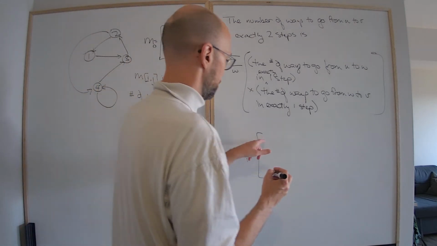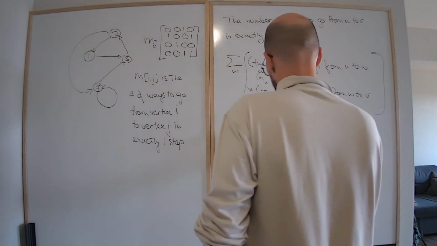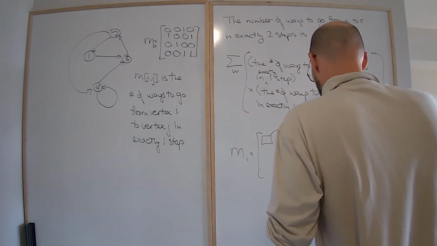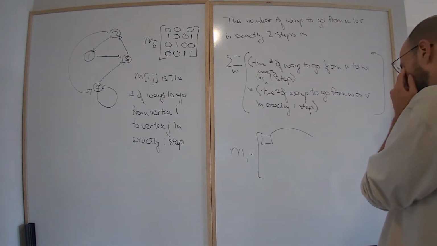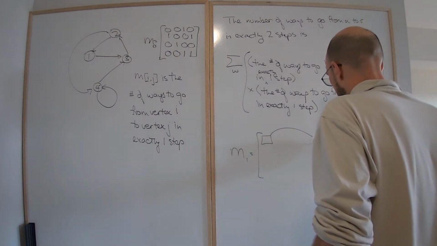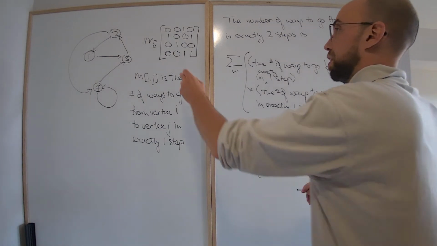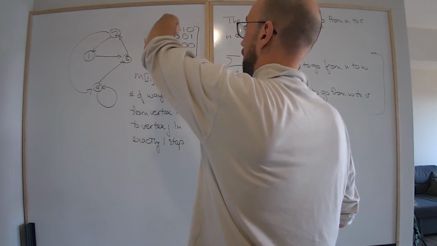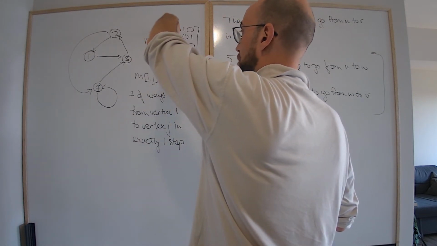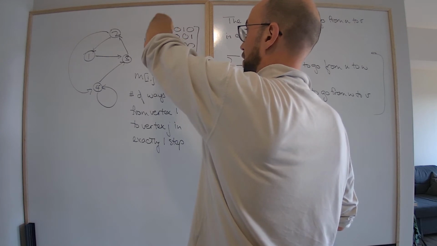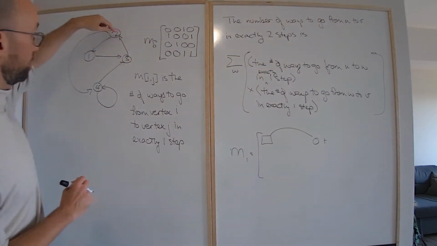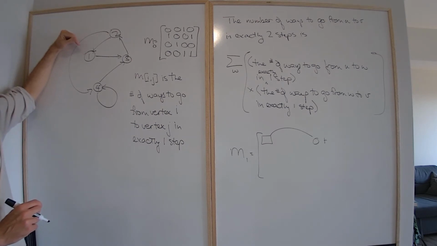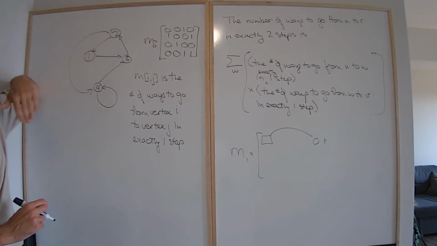So this entry of this matrix is going to be 0, plus the number of ways to go from vertex 1 to vertex 2, which is 0, times the number of ways to go from vertex 2 to vertex 1, which is 1, so it's still 0.